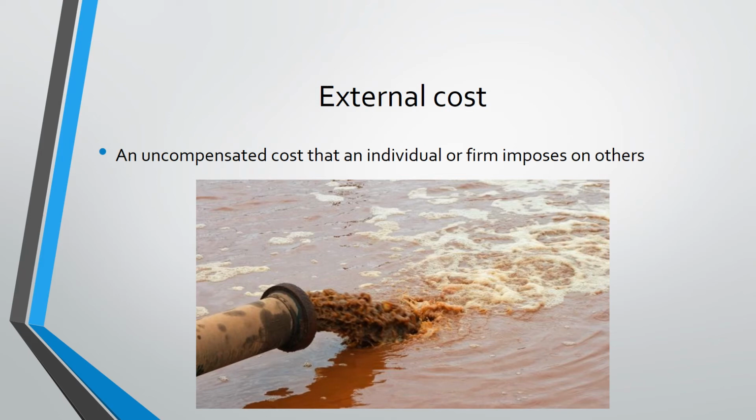In this disgusting picture you have a pipe that's letting waste out into water, and other people besides the firm and besides the buyer of the product are being negatively impacted, and so they're bearing a cost in the form of this dirty water and how that might affect them, perhaps with sickness, perhaps with worse health, or perhaps with just dirty water that they can't use as efficiently, whatever the case is. But this is an external cost. It's a cost that is borne by somebody besides the individual and the firms making the decisions.